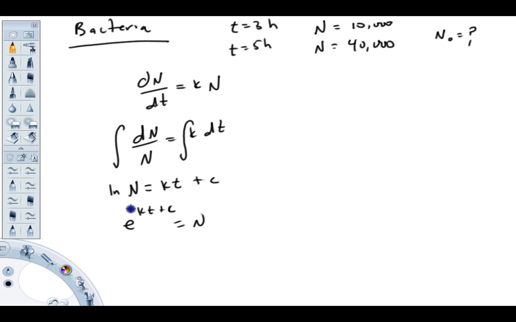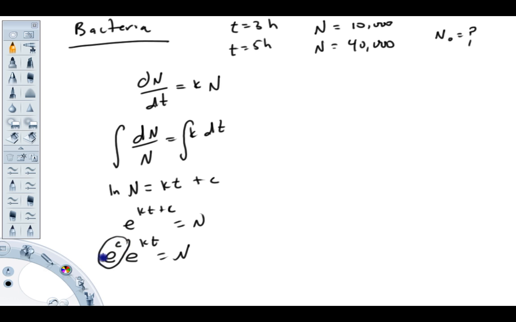Now, by the rules of multiplying exponents, this can be written e to the c times e to the kt equals n. Now, e to the c is some constant, and you'll notice that if you put a 0 in for t, e to the 0 is 1.